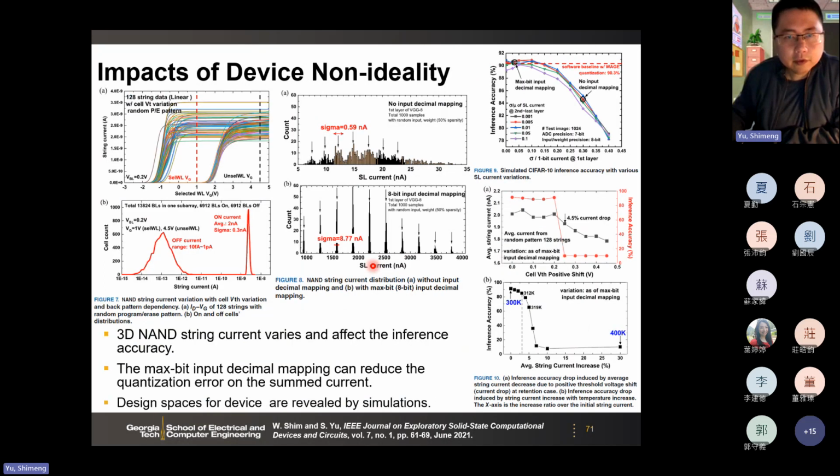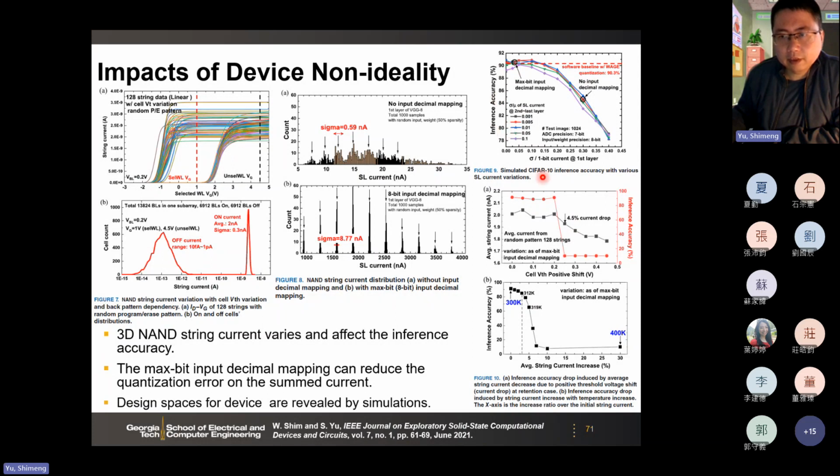For the 3D NAND, we still need to deal with the device non-ideal effects. For example, if the NAND strings have device variation, you can get different string currents, and then after the ADC you will get errors, and we have to evaluate the accuracy.